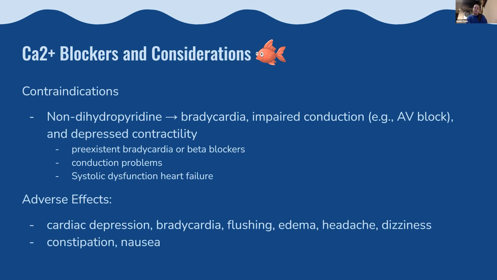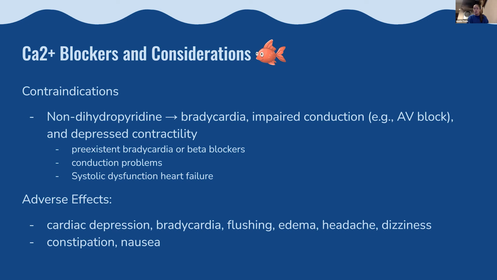All right, calcium blockers and considerations. So some contraindications. You've got 2 classes of calcium blockers. You've got your non-dihydropyridines, but these can actually lead to bradycardias and impaired conduction of the heart. So you can have atrioventricular block and depressed contractility. So you shouldn't be using calcium blockers, especially non-dihydropyridines, on pre-existing bradycardia, or if somebody is also on beta blockers.